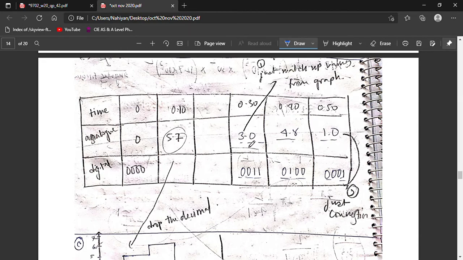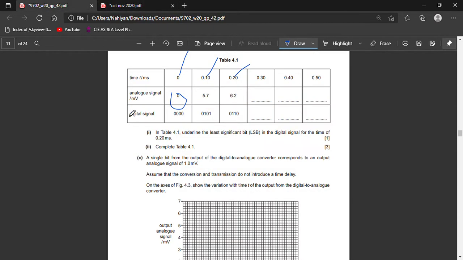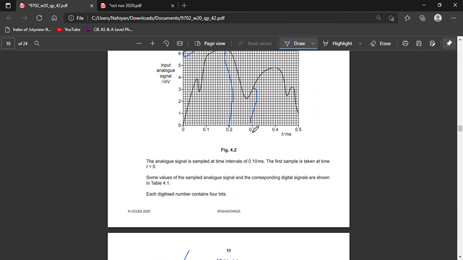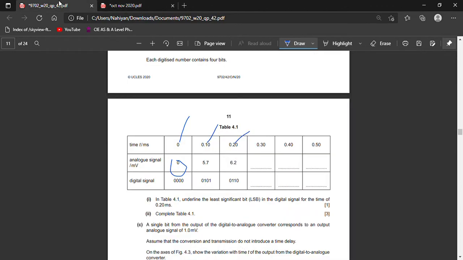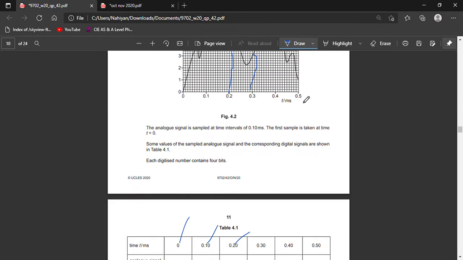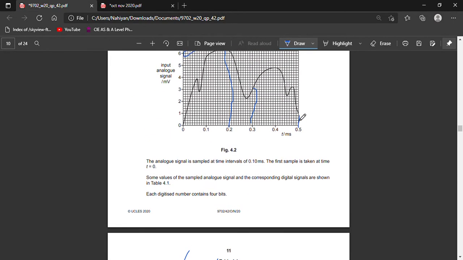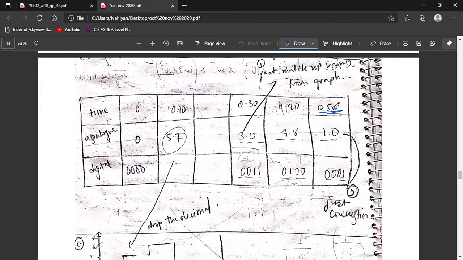So this comes out to be 3, this comes out to be 4.8, and the last one is 1.0. If you look at 0.5, the value comes out to be around 1. So there you go. You just have to match up the values from the graph.